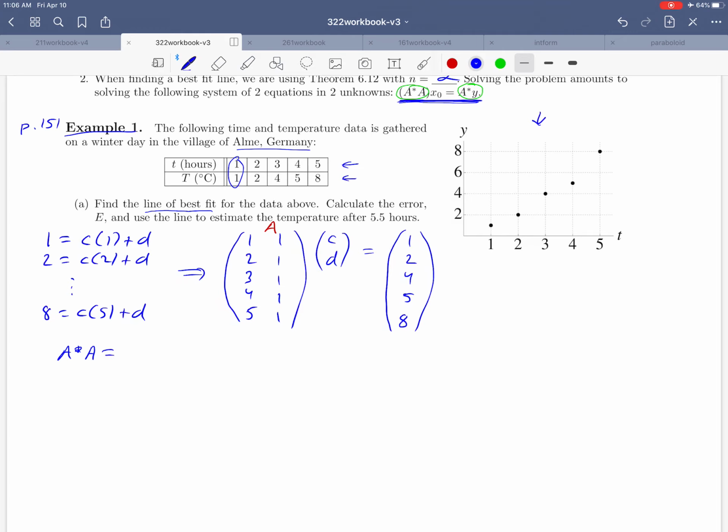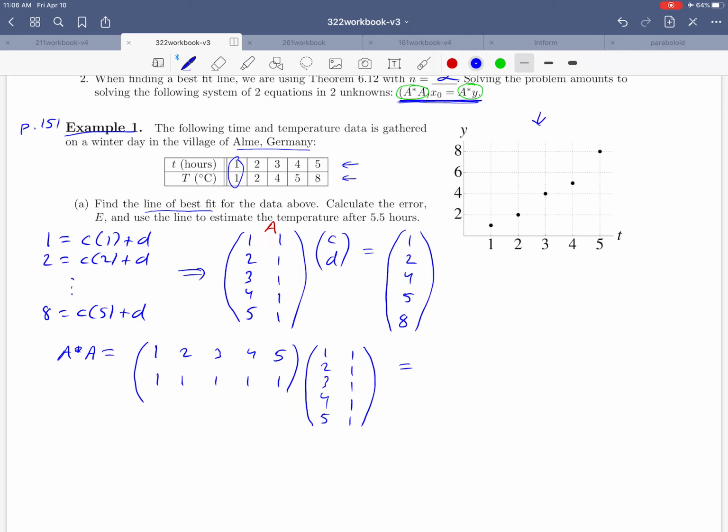All we need to do is transpose that matrix. It's going to turn into this if we do that, and then we're going to multiply that by A: 1, 2, 3, 4, 5, 1, 1, 1, 1, 1.